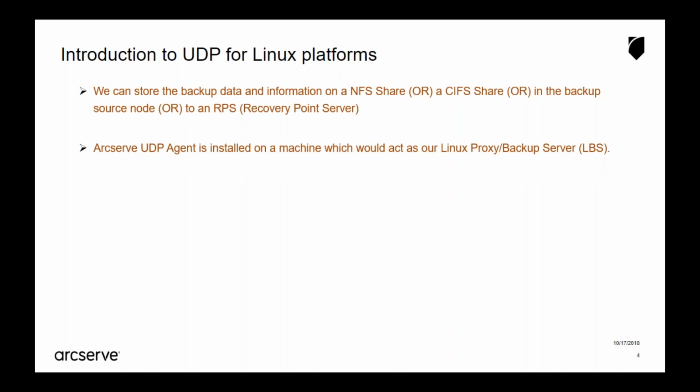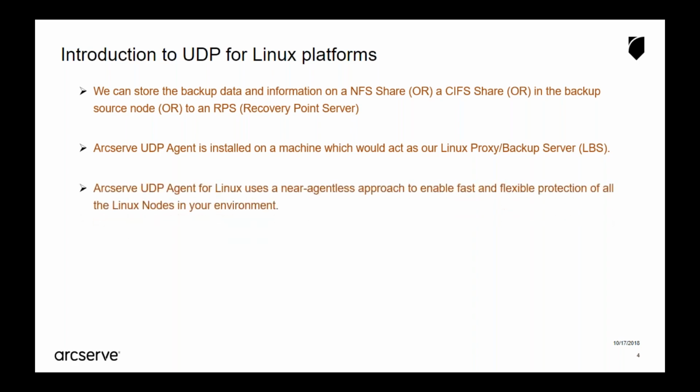Now, the Arcserve UDP agent, we install it on a dedicated Linux server, which we would denote as our Linux proxy server or the Linux backup server. We don't have to install the agent on all the nodes that we would like to protect.